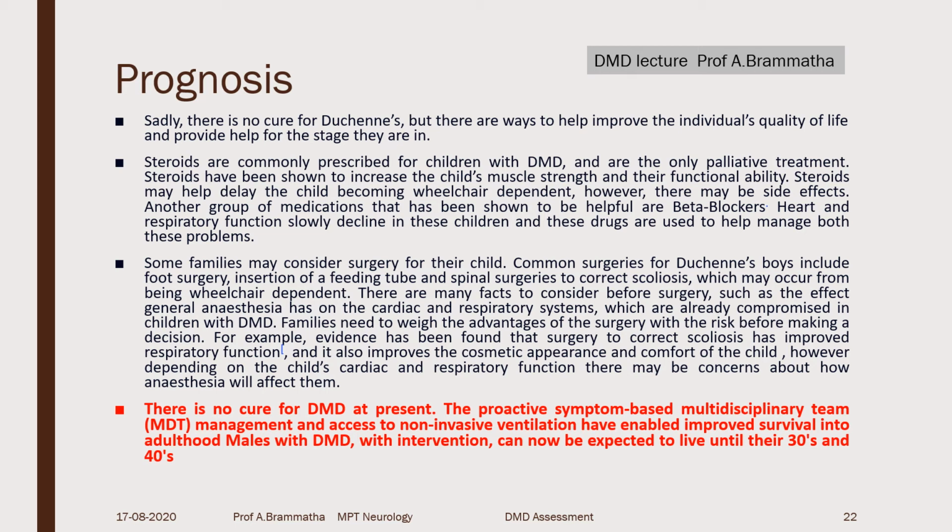As a physiotherapist, the primary aim for a DMD boy who comes to you in this early phase is to keep the child ambulatory as long as possible. And the second aim will be to prevent any complications which arise as the disease progresses. So these are the two important aims.